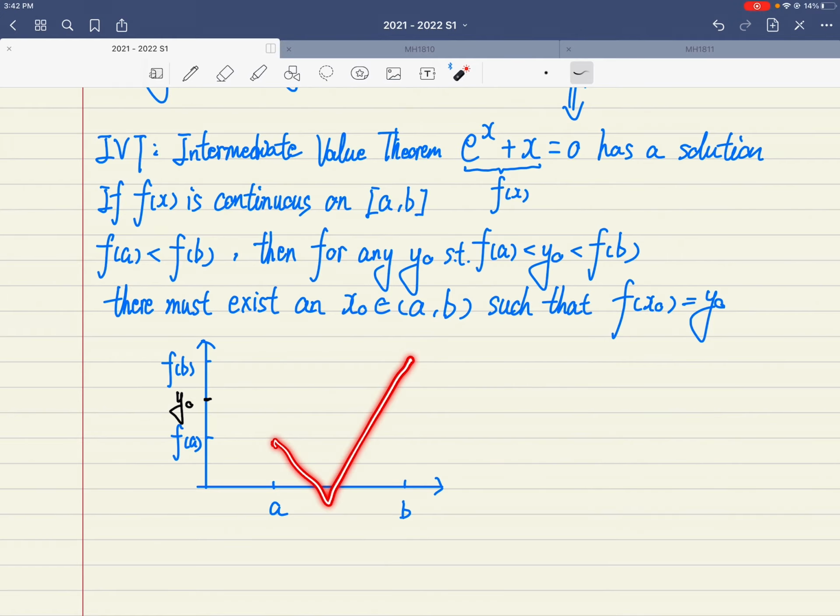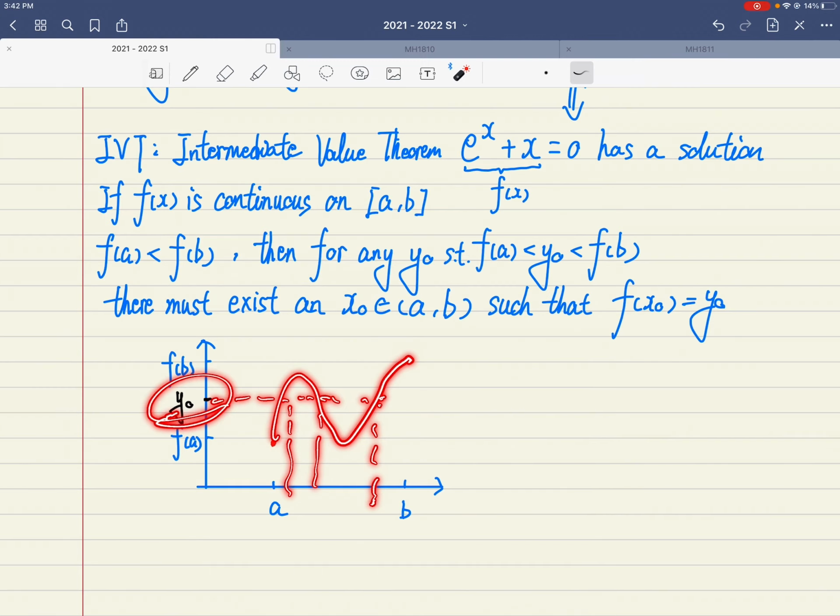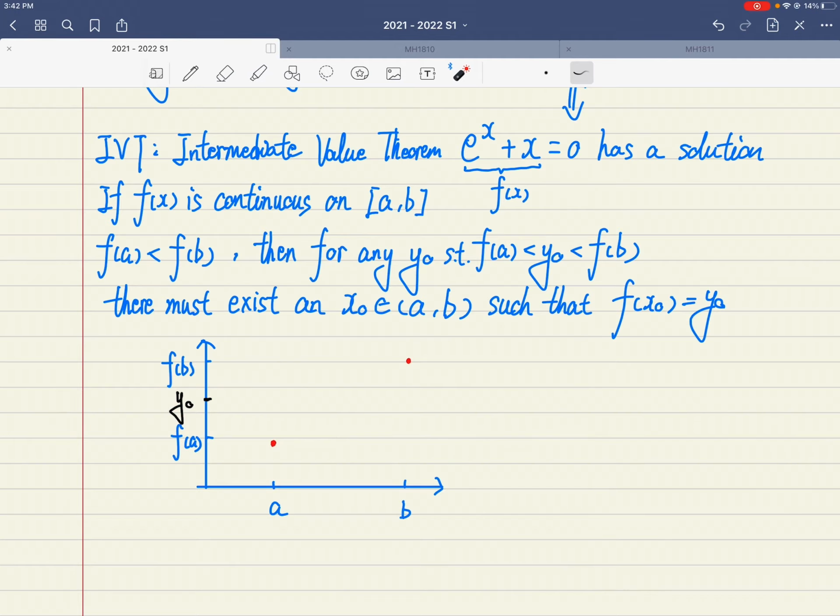If you draw a function like this, you can still find a point between a and b such that f(x) is y0. Sometimes you can even find two or three or multiple points. Here you can find actually three points between a and b giving you this y value. But the point is there is at least one.